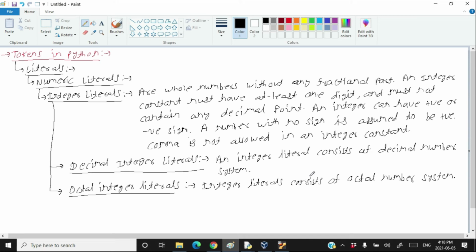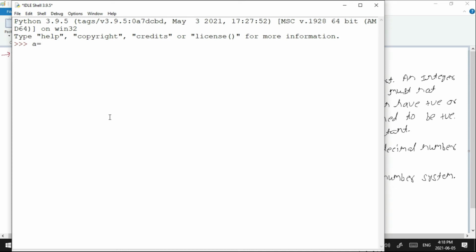For example, if I write a is equal to 15, of course the number 15 can be in octal or can be in decimal. If you press enter and type a plus 2, it shows 17. If you type a plus 4, it shows 19. So 15 is treated as decimal. If you just write a number, that will be treated in the decimal number system.